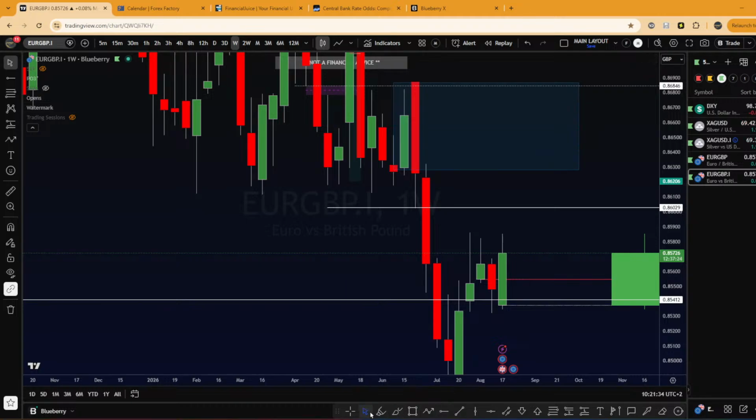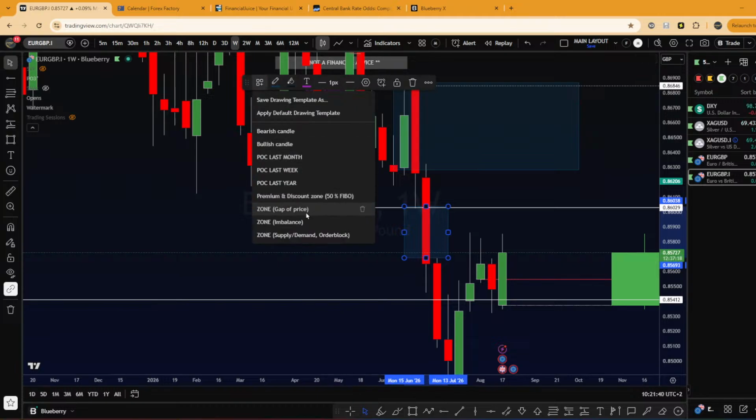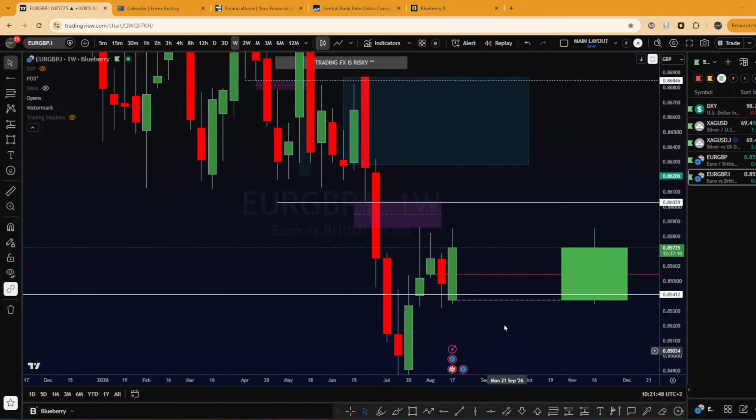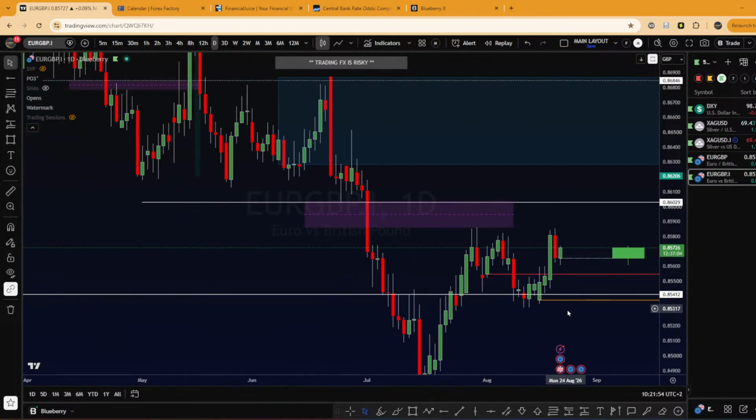You see, we have this imbalance to fill, so we already filled this, so this is the rest of the imbalance that we need to fill. So we could potentially target this as a target of the week.